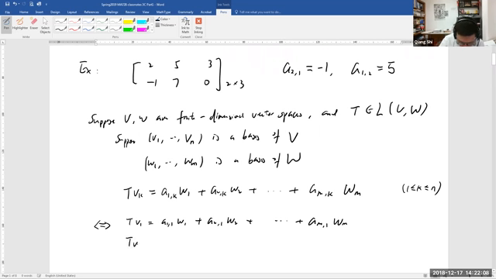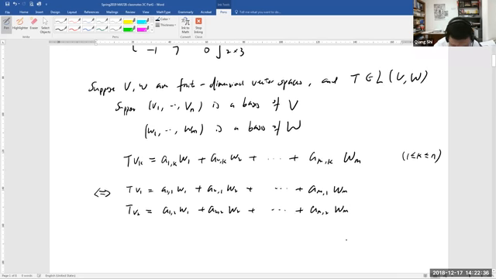And T of V sub 2 is A12 W1 plus A22 W2 and up to Am2 Wm.